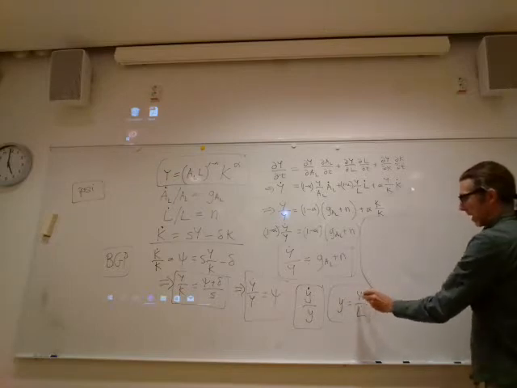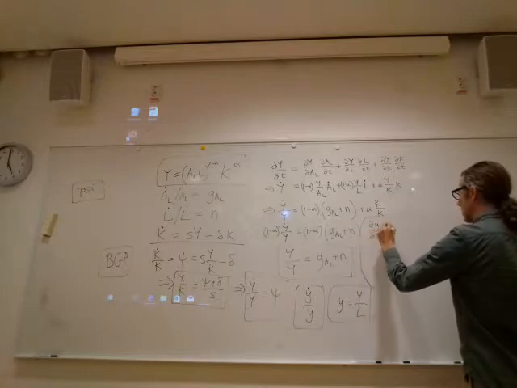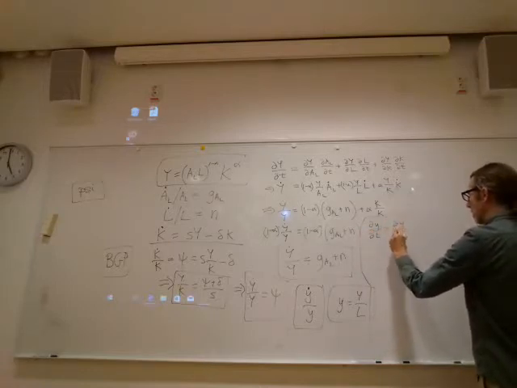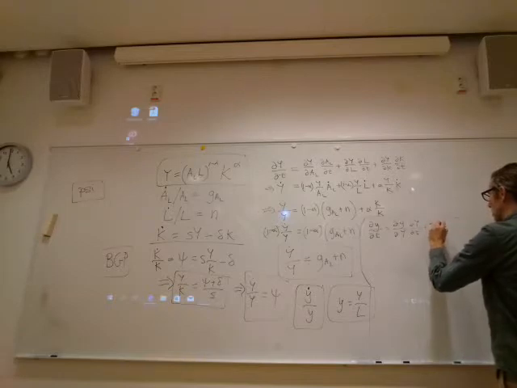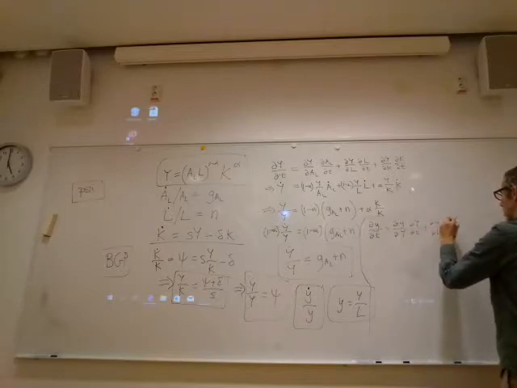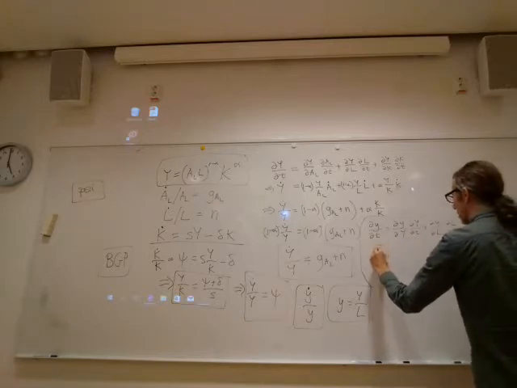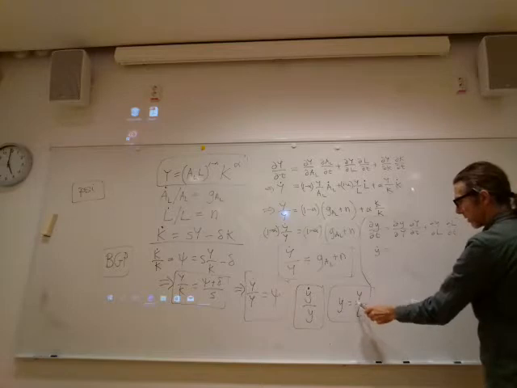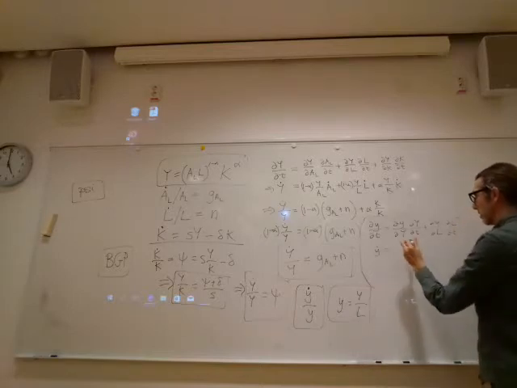How does little y change with time? The little y by dt is the little y by dY, big Y, times dY by dt, plus the little y by dL times dL by dt. So little y dot, the little y by the big Y is just little y over big Y, isn't it?